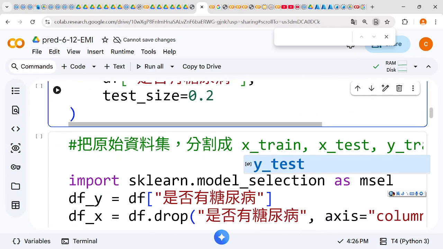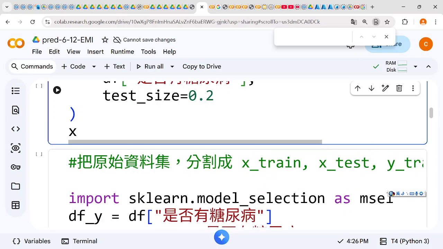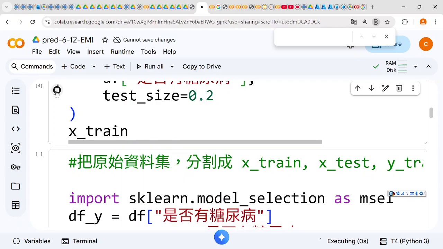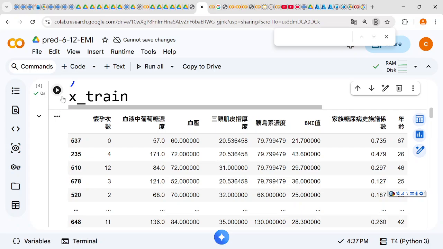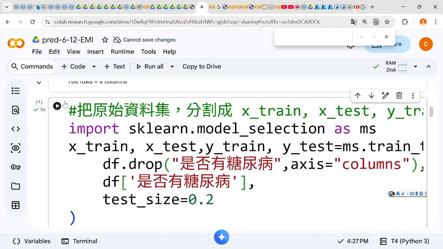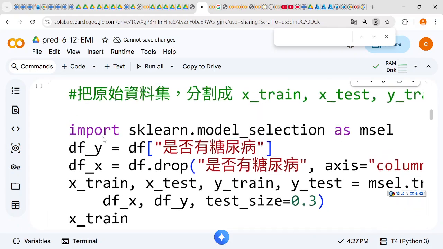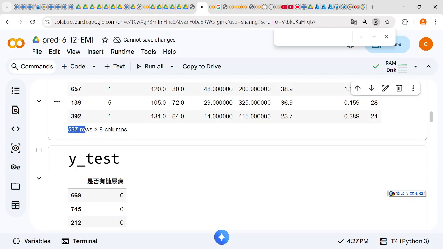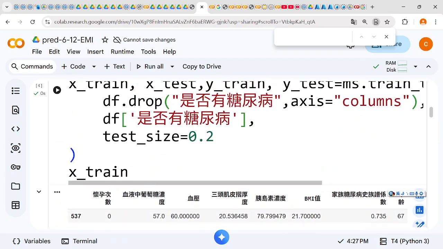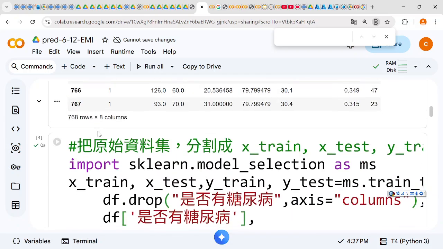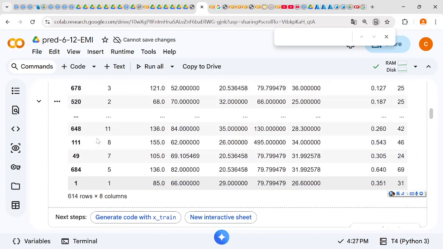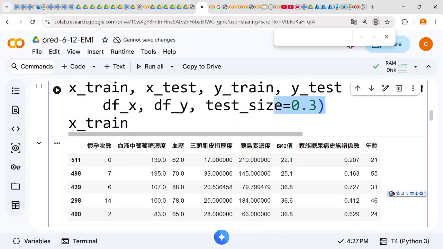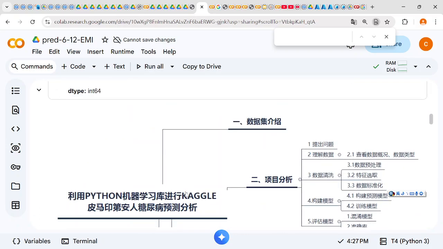And finally, I will output the Y train. The total is 537. Okay, that's because this is 0.3, right? Alright.